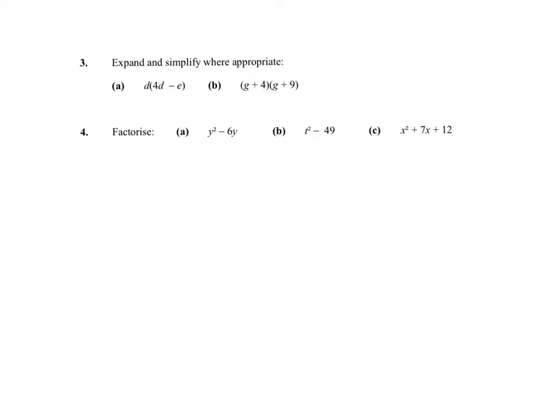Question 3, part A, very simple. Expand the brackets. So 4d times d is 4d squared and minus de. Part B, maybe I could write this one down.